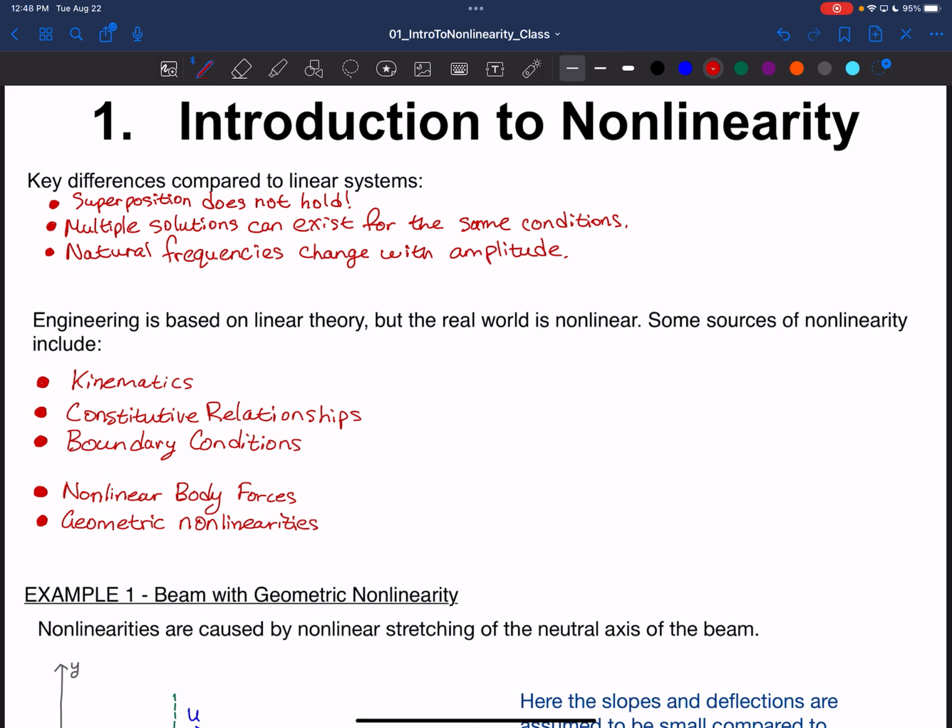Okay, we're going to add here just kind of a broad statement that some phenomena arise that have no linear counterparts.